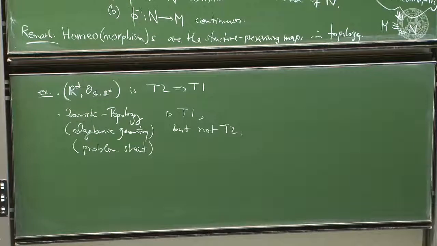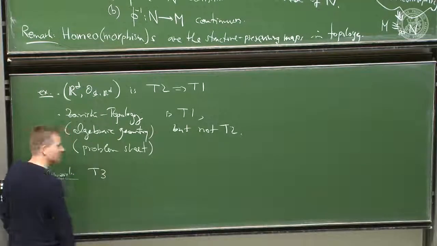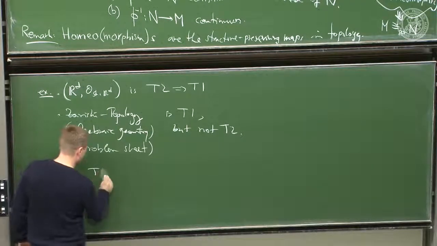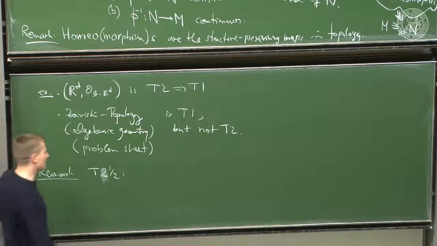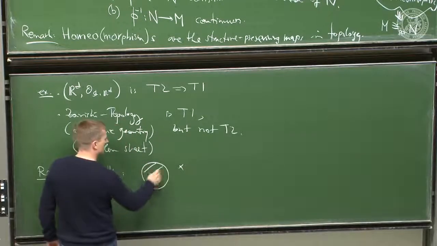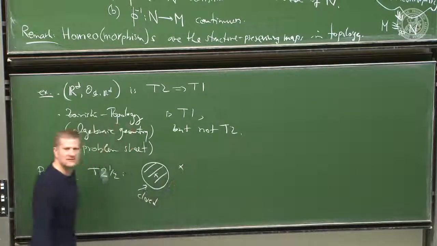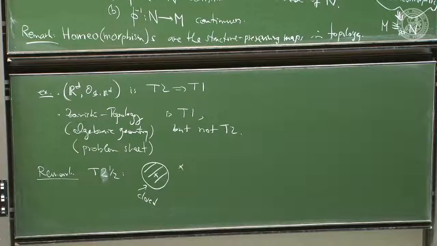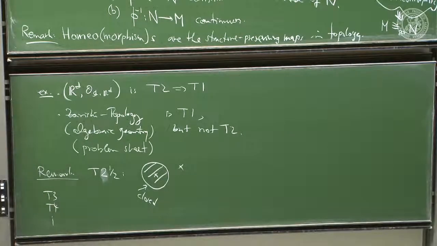And there are further separation axioms, so, remark. There's also T3, and, more impressively, T2.5. I like this. So T2.5 is, you have two distinct points, and around one of them, there's actually a closed neighborhood, such that it doesn't intersect with the other point. Okay, so that's T2.5, and then there's T3 and T4 and whatnot.